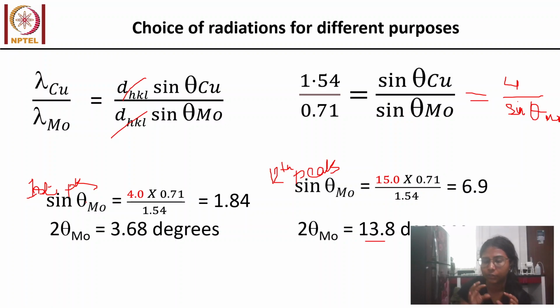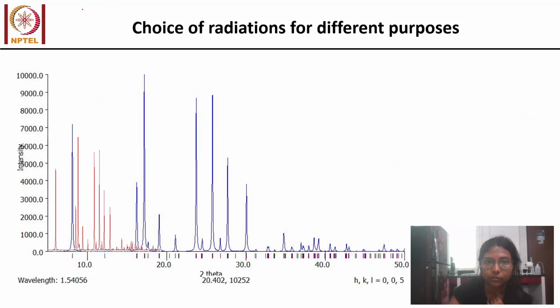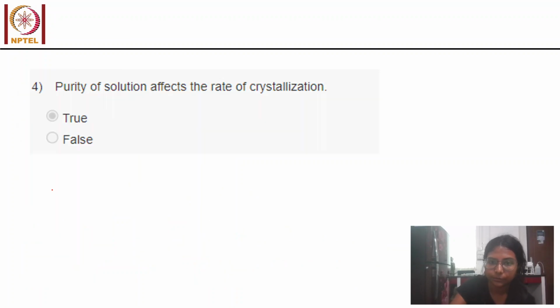If we need peaks which are spread out, so that it is easier to visualize and compare, then when we are using radiations for different purposes, we have to keep in mind what we want to analyze and accordingly choose the tool we want to use.